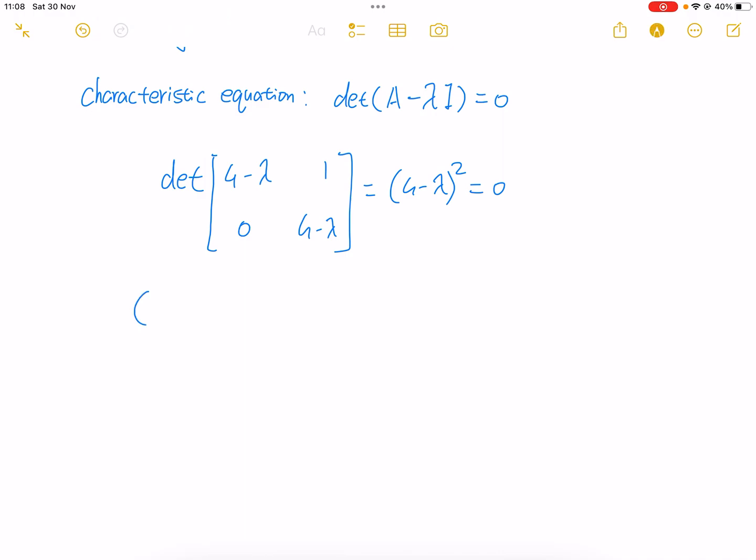If we expand this, we get 16 minus 8 lambda plus lambda squared equals 0.